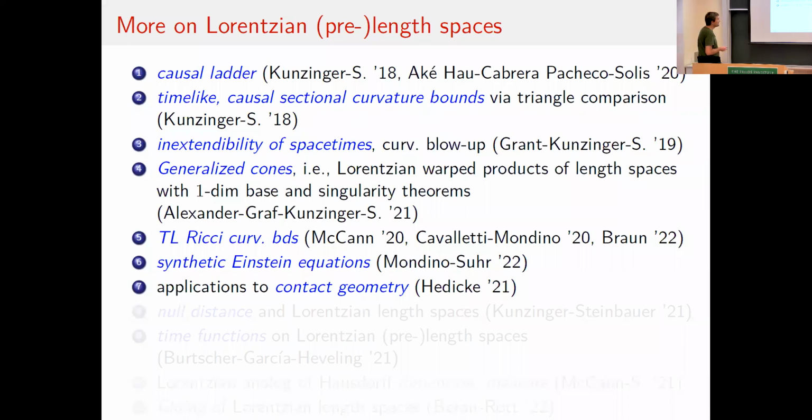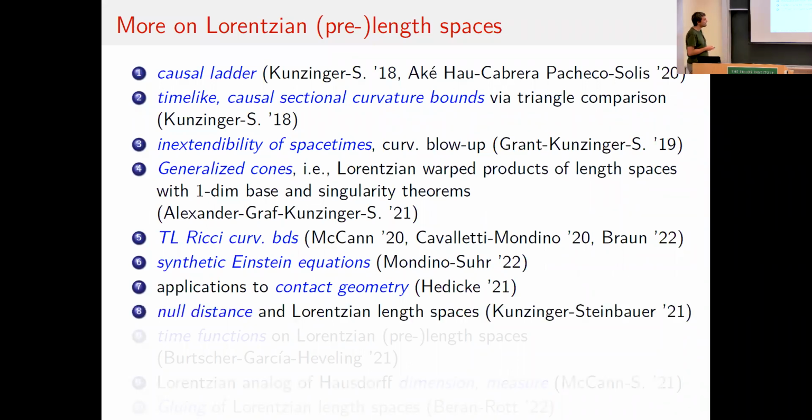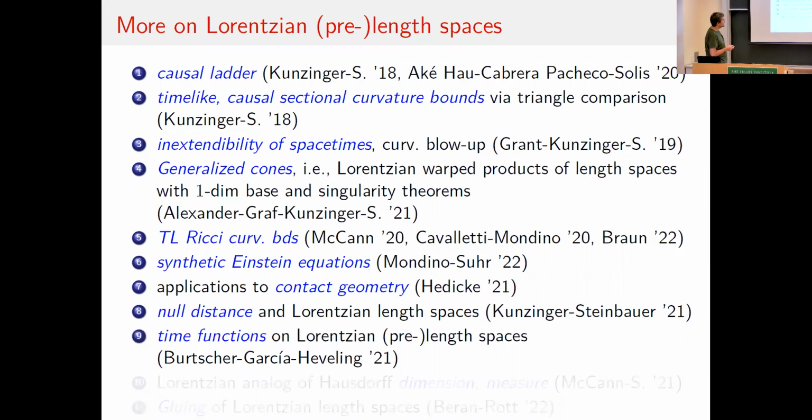Then, surprisingly, there is some application to contact geometry. Then there is also a connection between the null distance and these Lorentzian length spaces. So you can define this null distance on Lorentzian length spaces if you have a nice enough time function, and somehow this approach is compatible. Connected to that, Burtscher and García-Heveling introduced time functions on Lorentzian pre-length spaces and showed that the existence of a Cauchy time function, for example, is equivalent to global hyperbolicity, as in the smooth case.